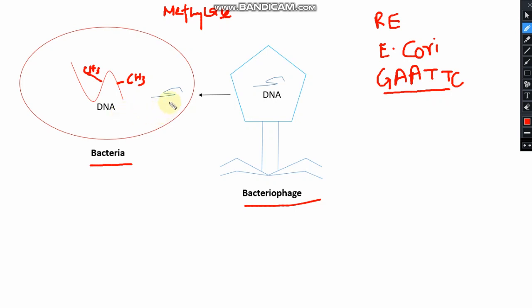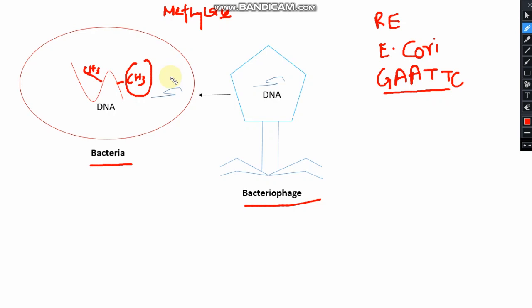In the foreign DNA there is no methylation, but in their own DNA there is methylation. So the restriction enzyme distinguishes their own DNA because it is methylated, and they won't cleave their own DNA. They only recognize the foreign DNA sequence and cleave it. This is how it works.